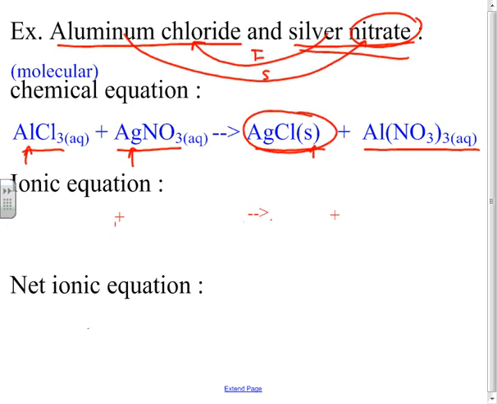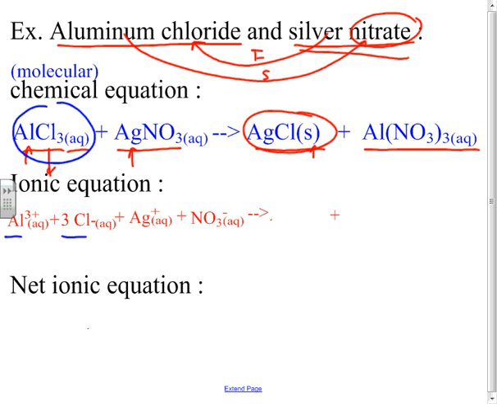Now again, everything that is soluble is going to dissociate. So aluminum chloride is aqueous. It's going to dissociate into its ions. So when I write the complete ionic equation, I want to show aluminum chloride as dissociated. So aluminum chloride dissociates into 1 aluminum and 3 chlorides. Silver nitrate dissociates into 1 silver and 1 nitrate. Silver chloride on the product side does not dissociate.